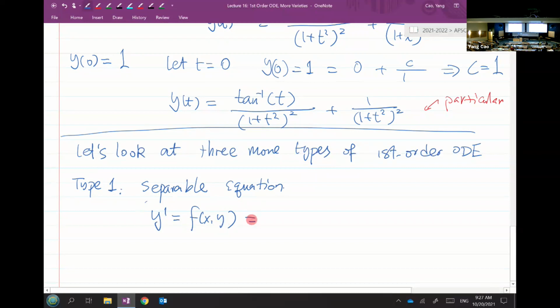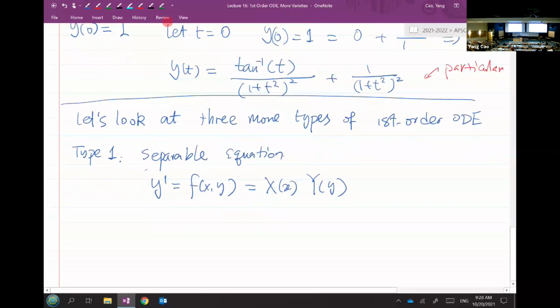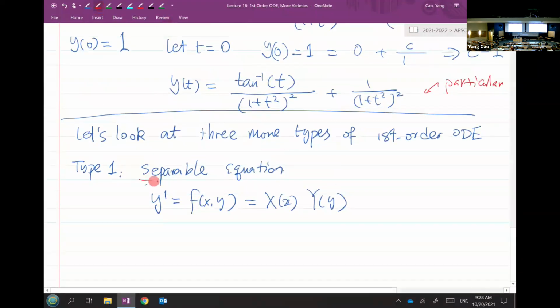And then this function f of x, y just happens to be able to separate into two functions. One function is all about x, and the other function is all about y. So this function here can be separated into these two components. If you can do that, or if you happen to have an equation just like that, then this type of equation is called a separable equation.